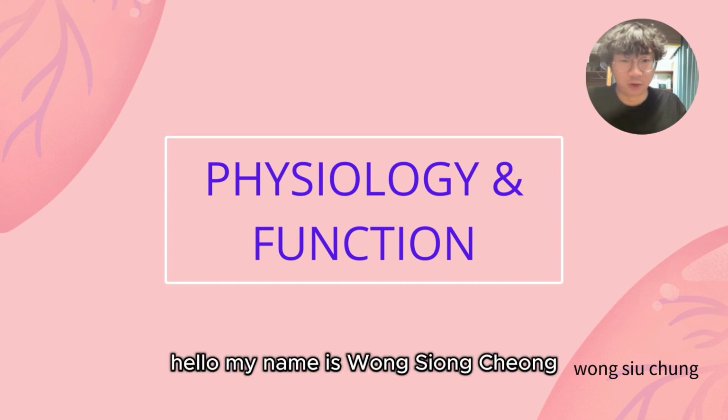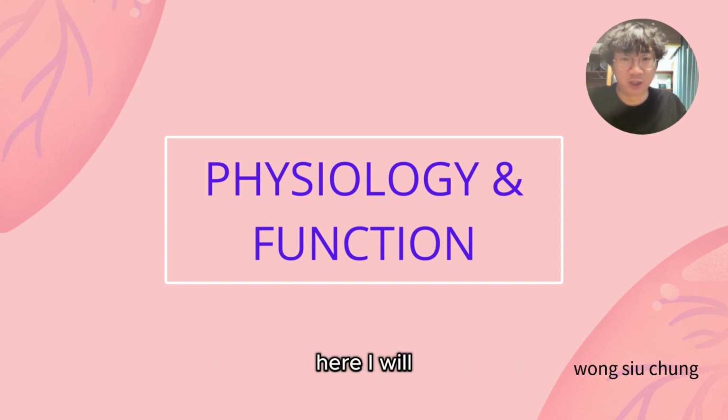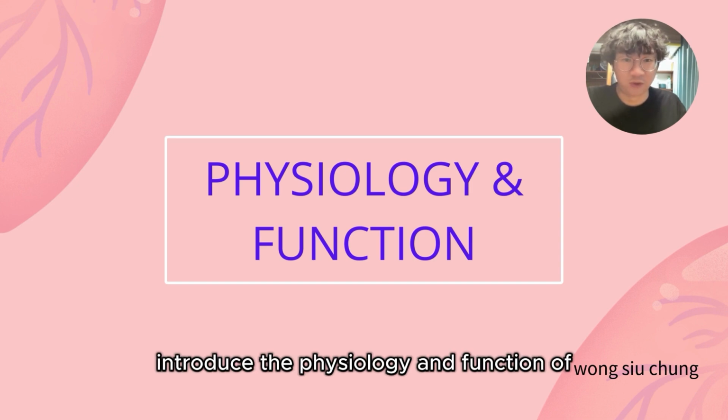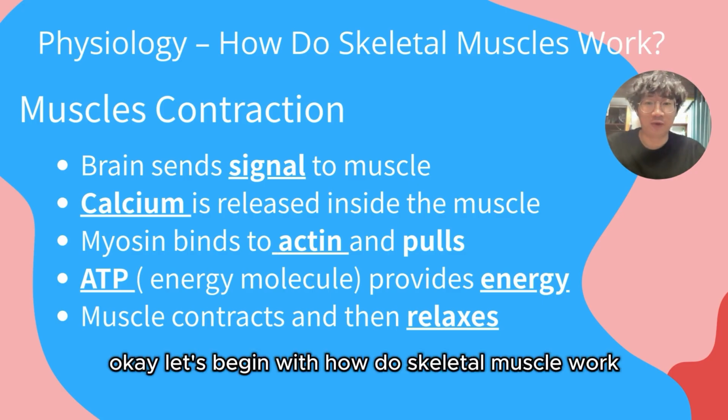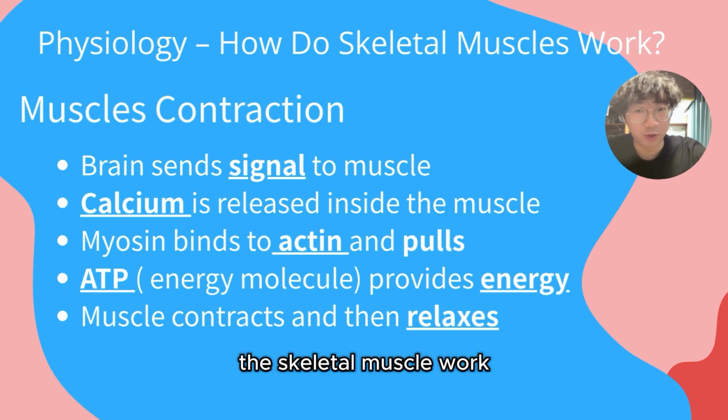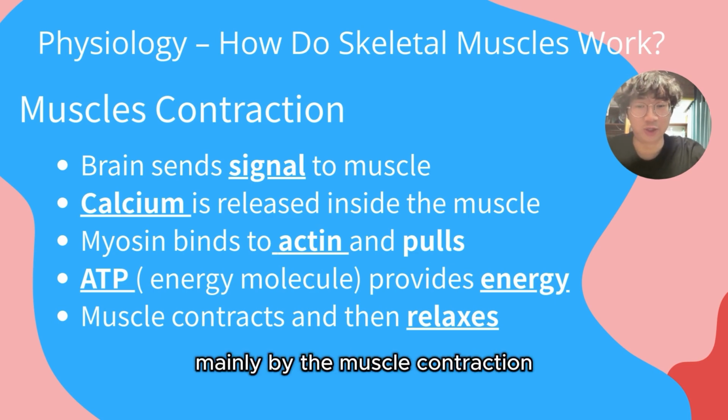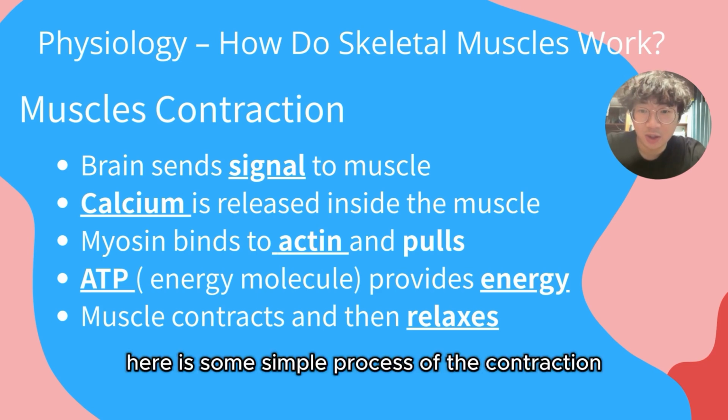Hello, my name is Wang Xiu Chong. Here I will introduce the physiology and function of skeletal muscle. Okay, let's begin with how skeletal muscle works. Skeletal muscle works mainly by muscle contraction. Here is a simple process of the contraction.